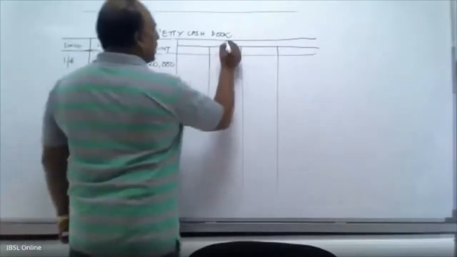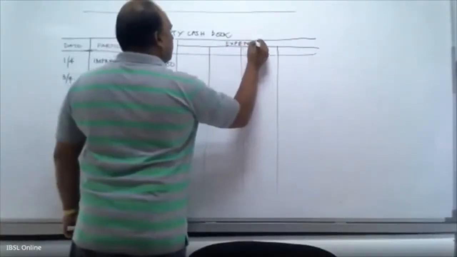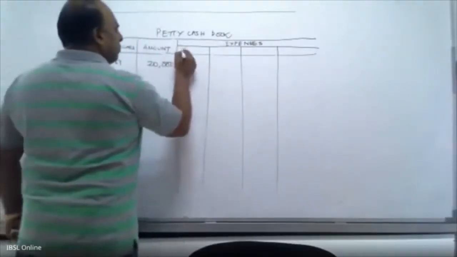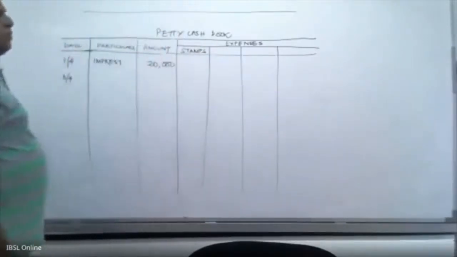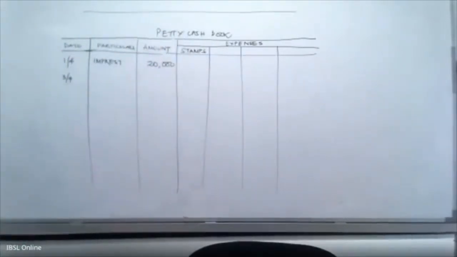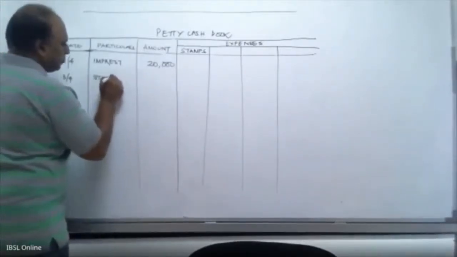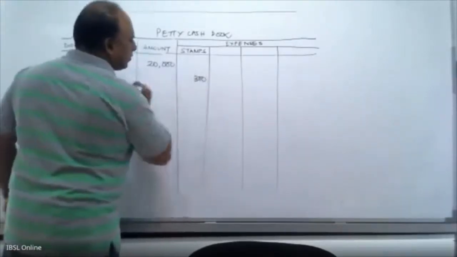So what do we do here? We maintain a record of the types of expenses that we incur. Say for example, you have stamps. So on 3rd of April, you purchase stamps, which is 300.